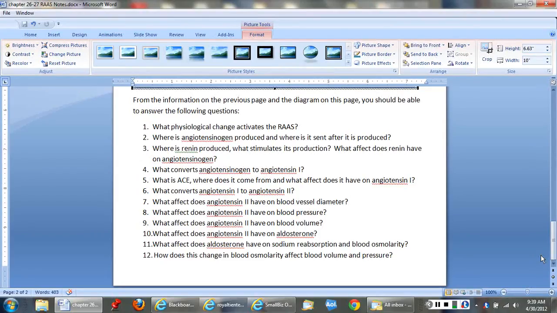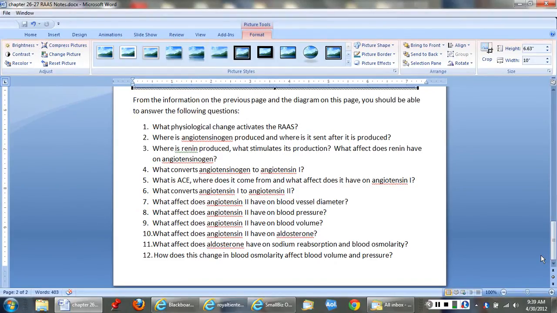Okay, so how does this change in blood osmolarity affect blood volume and pressure? So the whole thing started because blood volume and pressure were low. So after all of these steps, blood osmolarity increases. How does that change blood volume and pressure?